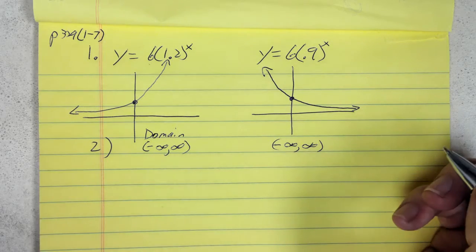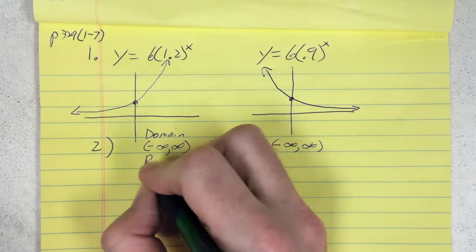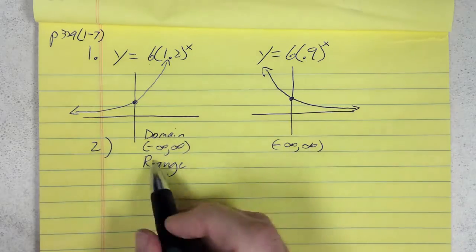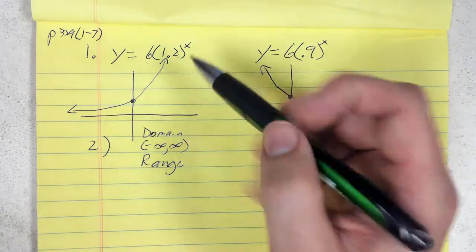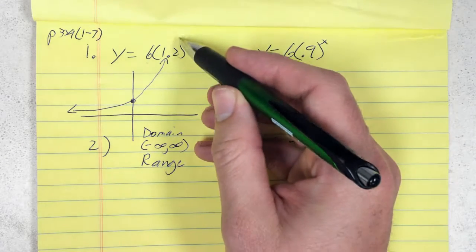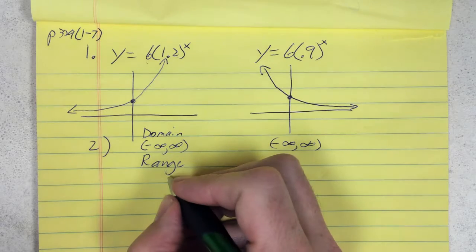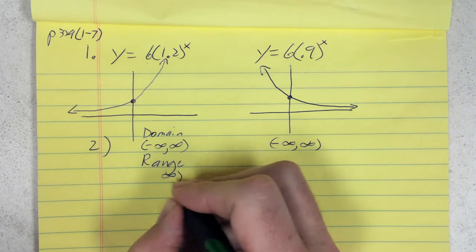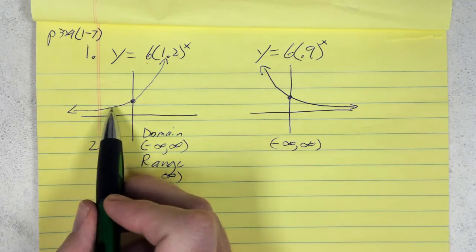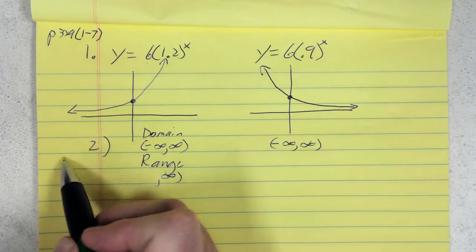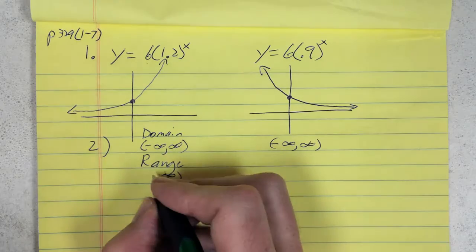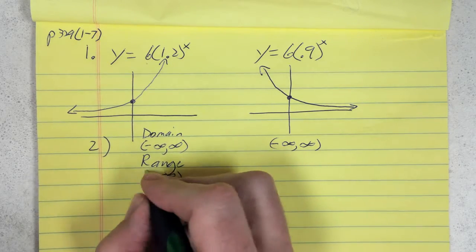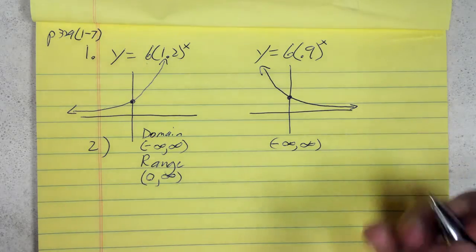All right, range. This one goes up to the top right, so it is going to end up going to infinity. But to the left, it doesn't go down to negative infinity. It levels off here, and it has an asymptote at 0.